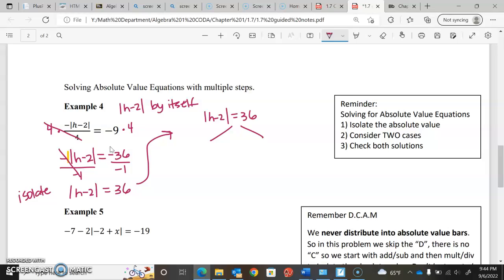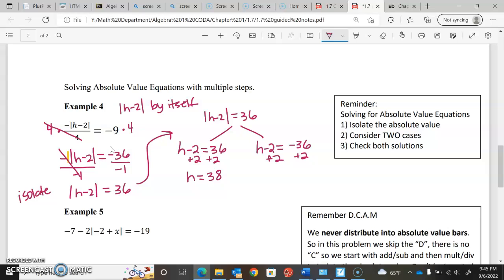So here I'm on step 2. I'm going to drop the absolute value bars, and then that 36 is going to be positive for case number 1. Then drop the absolute value bars and make 36 negative for my second case. Now I just have two equations that I'm solving for h. So I'm adding 2 to both sides. One option for h is 38.